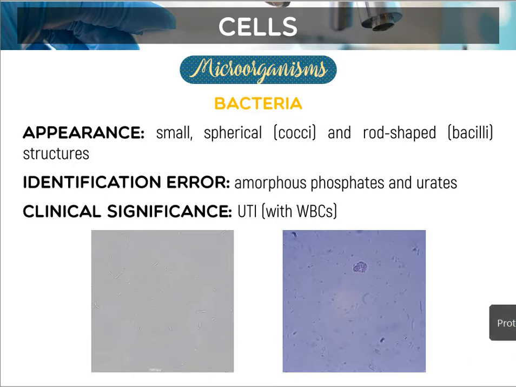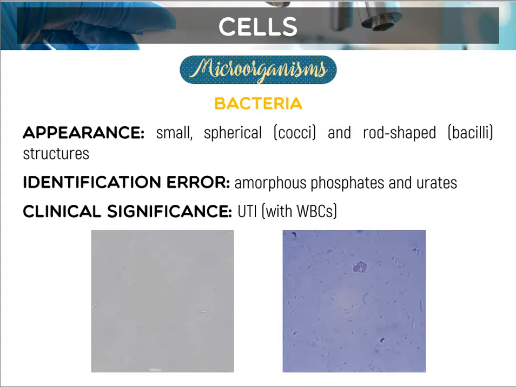So identification error may be because they can be mistaken for your amorphous phosphates and your urates, okay? So its clinical significance is with your UTI. To confirm if it is really UTI, we should also see WBCs, okay? Because if there are no WBCs, maybe it is because the specimen stood for too long, okay?